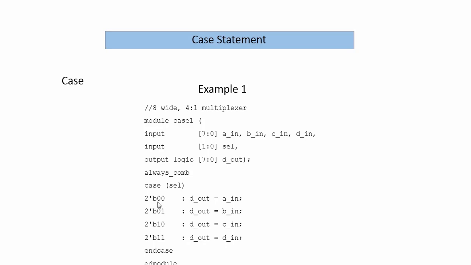If it is 8'b, it signifies an 8-bit wide binary value. We can also have hex or decimal values. So when selection is 00, A_in will be provided to D_out. When selection is 01, B_in goes to D_out, then C_in to D_out, and D_in to D_out. So this is the case, and we should have endcase and endmodule also. We also need a default case.